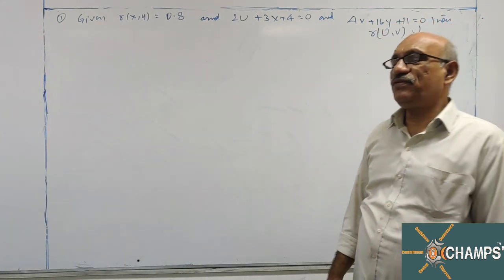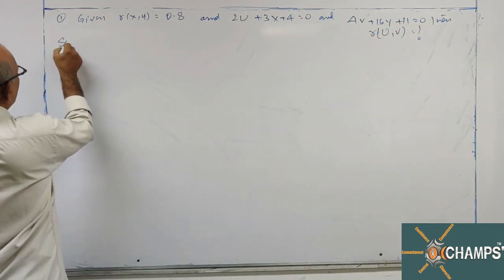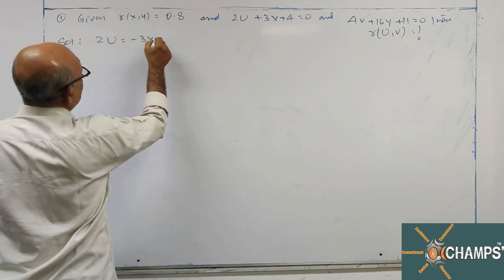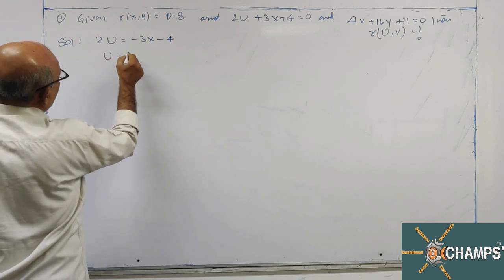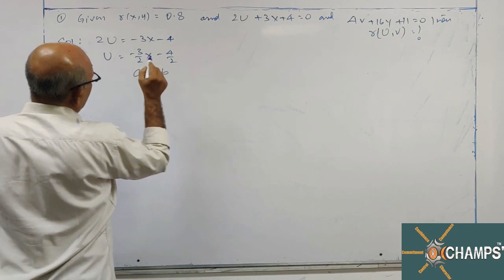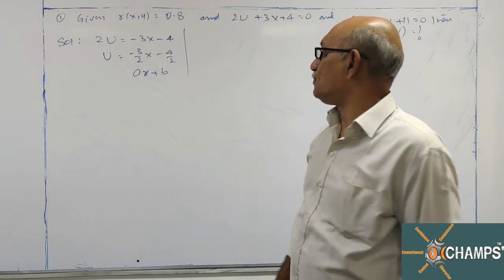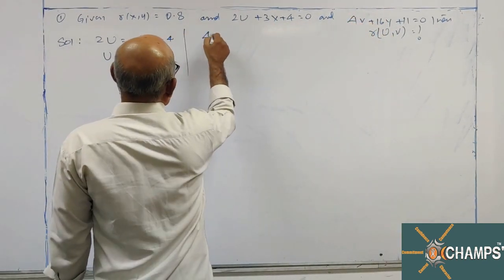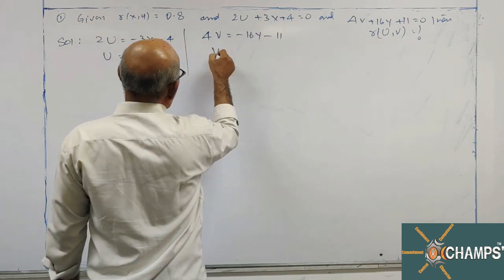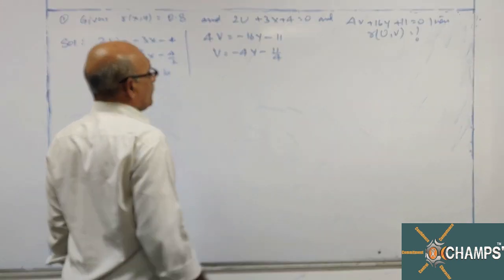So this problem is based on the change of origin and scale property. Look at this solution. 2u is equal to minus 3x minus 4. u is equal to minus 3 by 2 into x minus 4 by 2. This is of the type ax plus b. 4v is equal to minus 16y minus 11. v is equal to minus 4y minus 11 by 4.